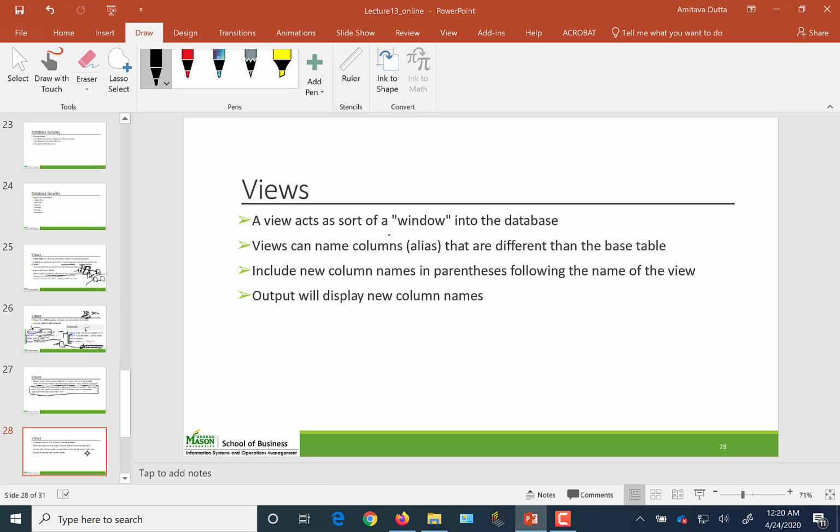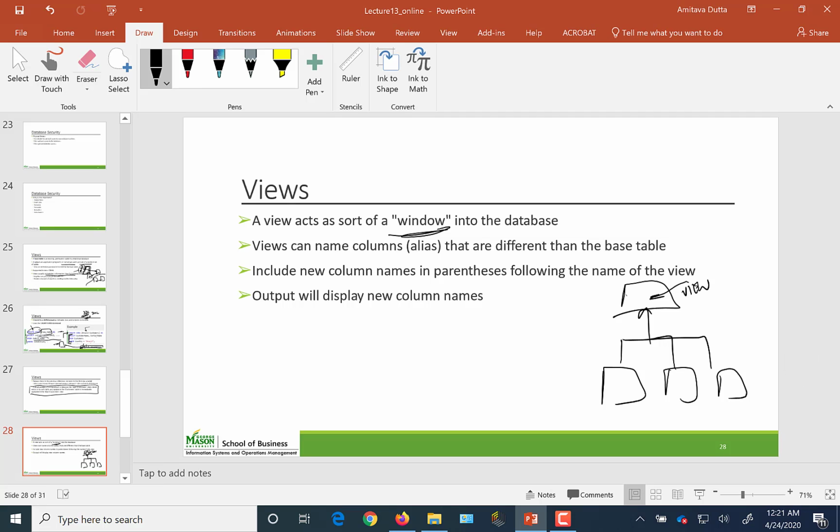So a view acts as a window into the database. Views can have columns, and you can rename the columns, all of those things. But basically, it's taking one or more underlying tables and combining them using SQL to create a new table, which is your view.